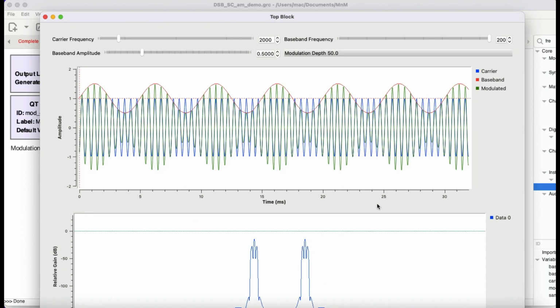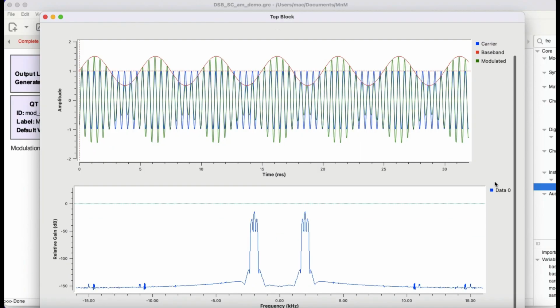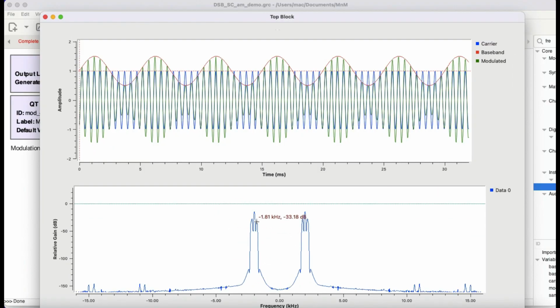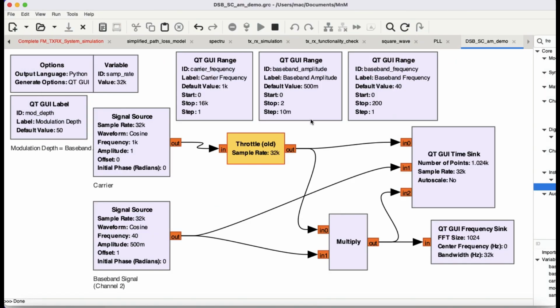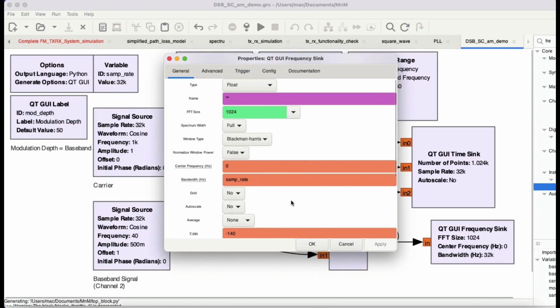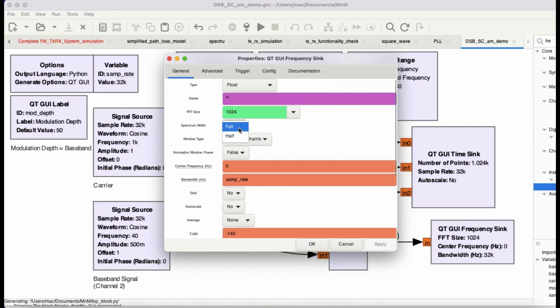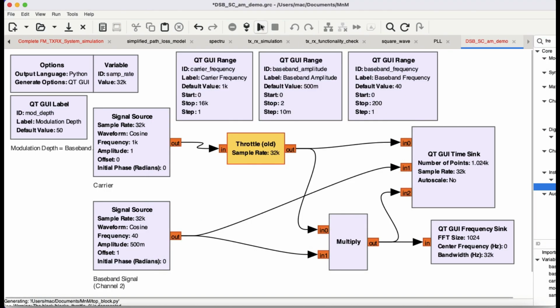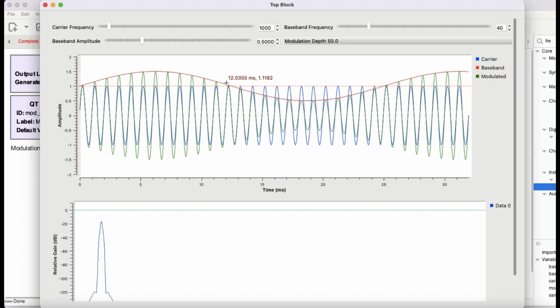All right, let me clarify something. Why am I seeing this negative component? You get to see this component because of Euler's identity, but you can go to your frequency sink, go to your spectrum width, and just choose half spectrum. Now let me go to my spectrum again, just give me a minute. Let me go here to around 2000.